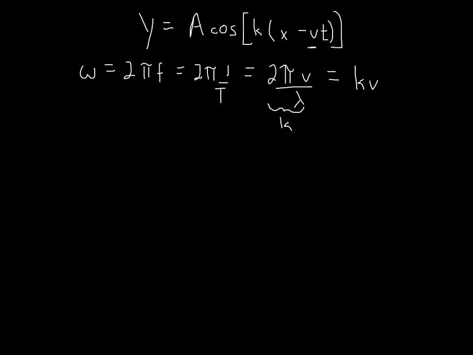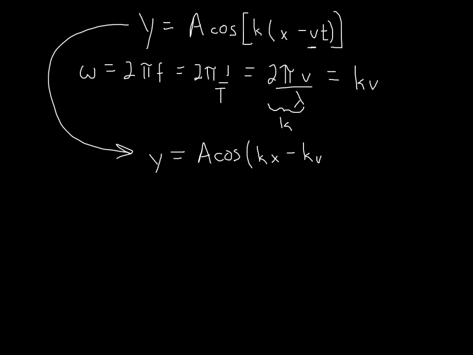What I can do is distribute my equation for y. I'm just going to rewrite this equation, do a little bit of algebra on it, and find that y is equal to a times cosine of kx minus k times v times t. All I've done is distribute that k to my x and into my vt.